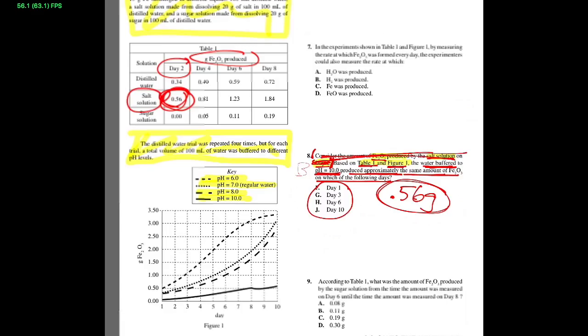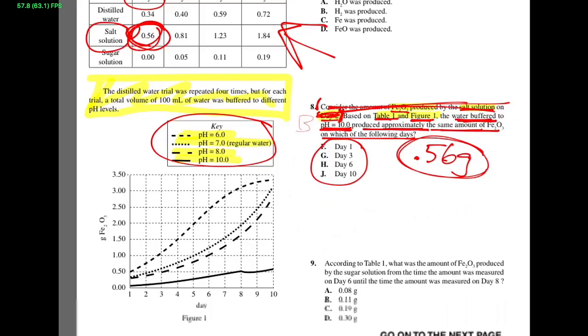All right, so now obviously this pH stuff was not included in Table 1, so it's got to be included in Table 2, and it's not Table 2, it's Figure 1. And here in my key, they're telling you that pH of 10 is represented by this solid line.